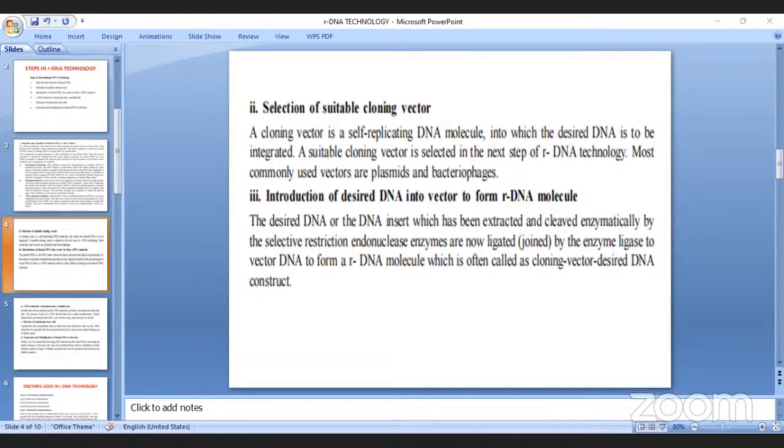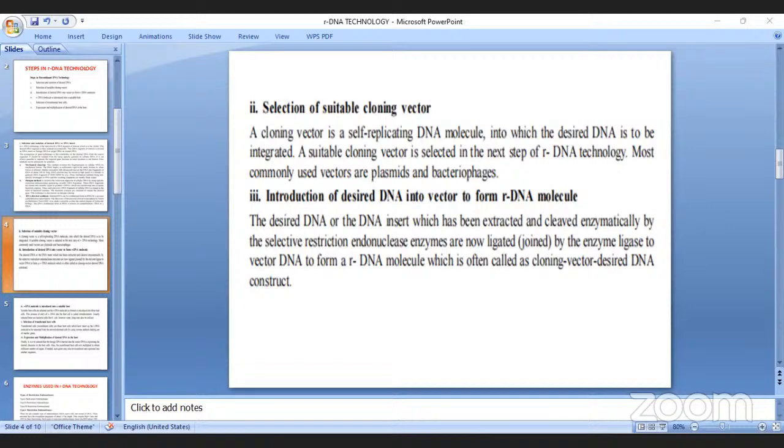What happens in this fourth stage? Entry of our recombinant DNA into the host cell. The host cell is where the plasmid existed. So we isolated the plasmid from the bacteria, and again we injected it into the bacteria.